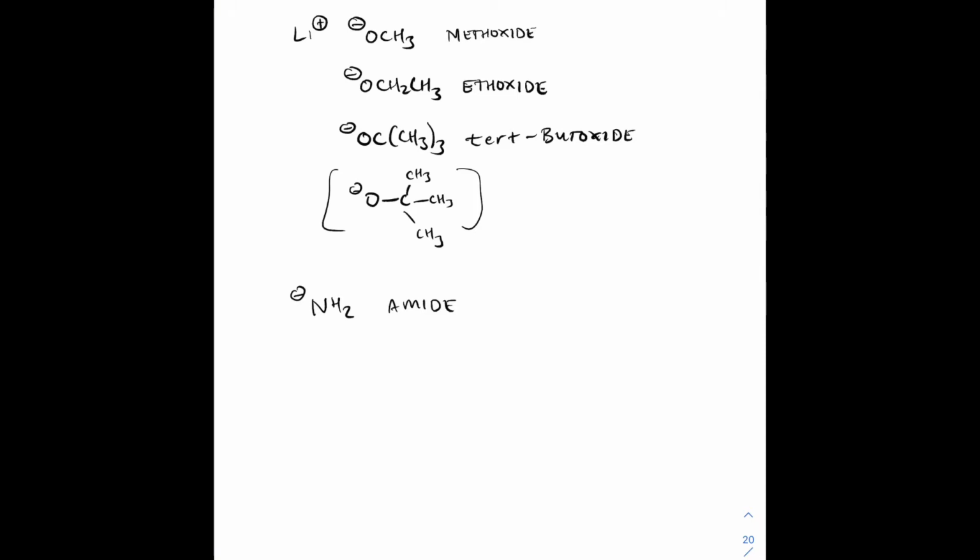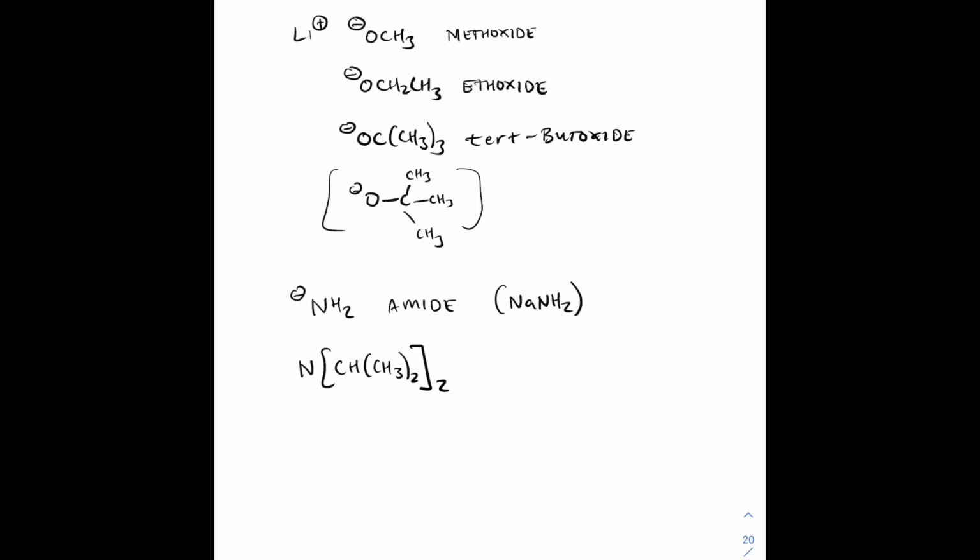So NH2 minus, we introduced this before, but it is an amide. So oftentimes you'll see it as NaNH2. Okay, don't get this confused with NH3, ammonia. So we've got another amide. This is N, and then we've got a couple parentheses in there, right?